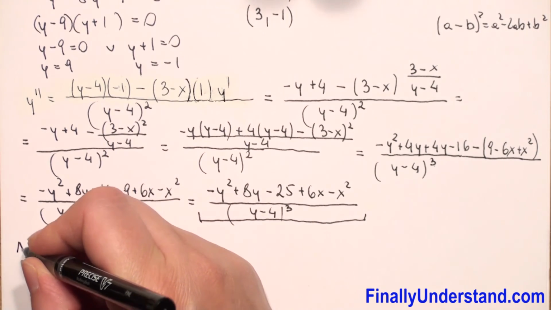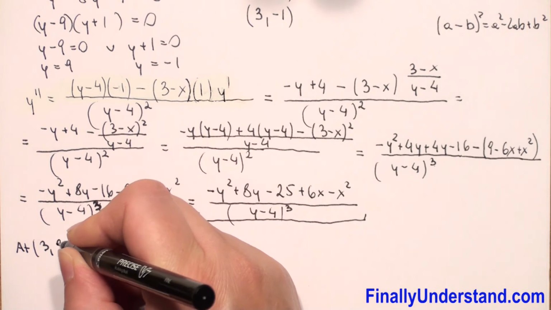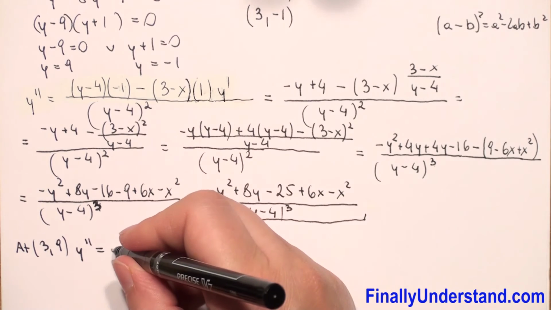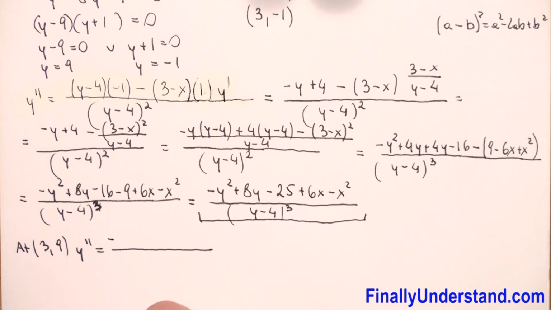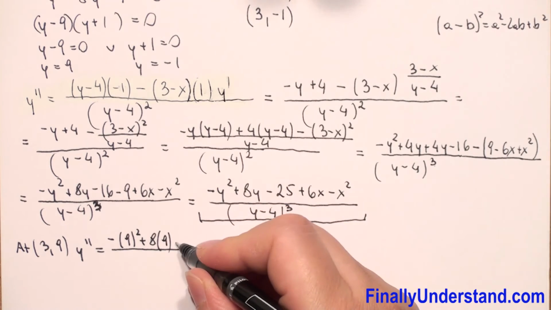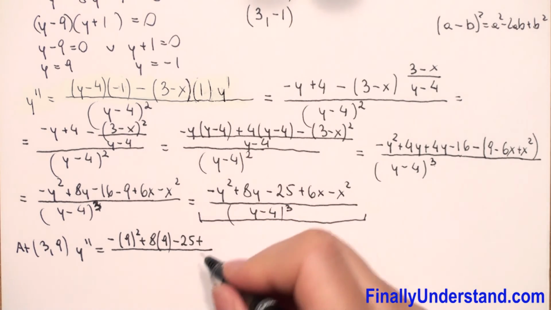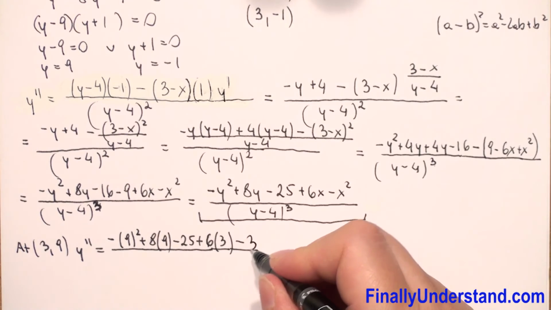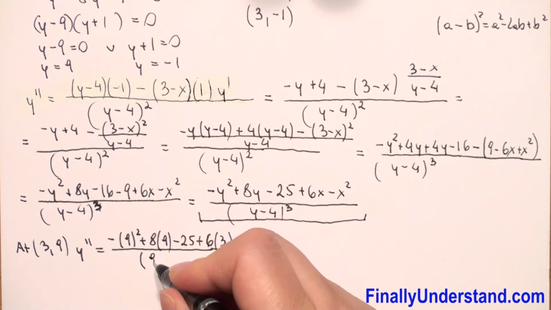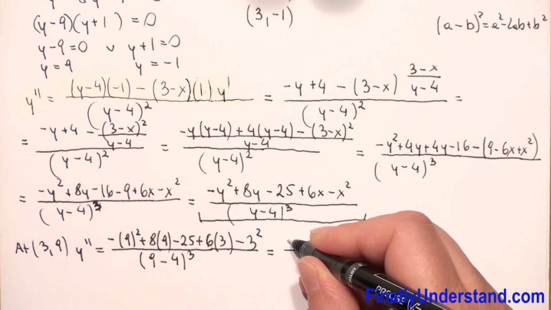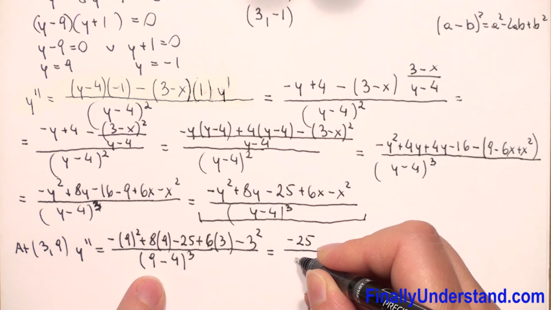So at point (3, 9) we will have y'' equal to -(9^2 + 8 times 9 - 25 + 6 times 3 - 3^2) over (9 - 4)^3. In the numerator we will have -25, and 9 - 4 is 5, 5^3 is 125.